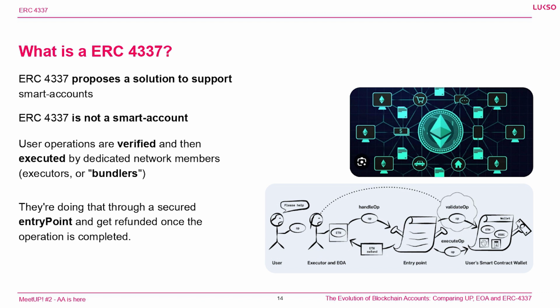In order to do that, this executor will talk through a secure channel to the entry point. That will be the entry point. That's a smart contract that will verify the operation and then execute the operation. Once it's done, it will refund the executor for executing this operation.